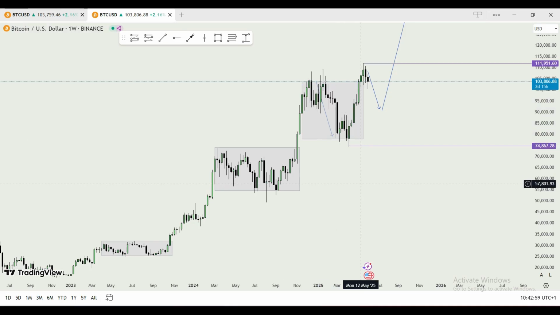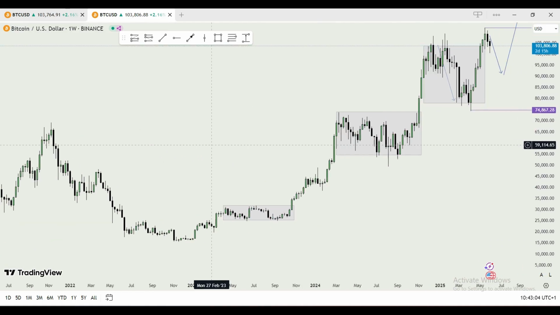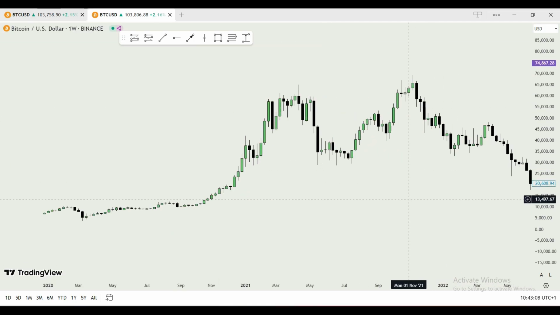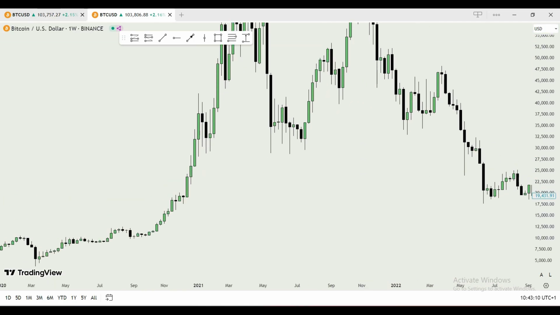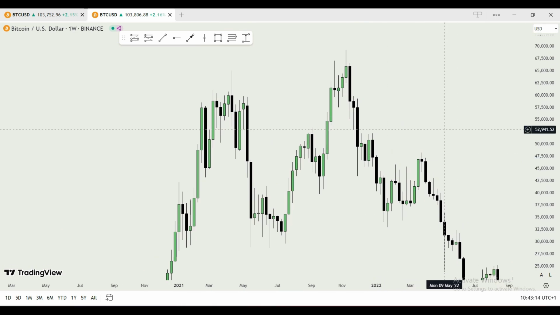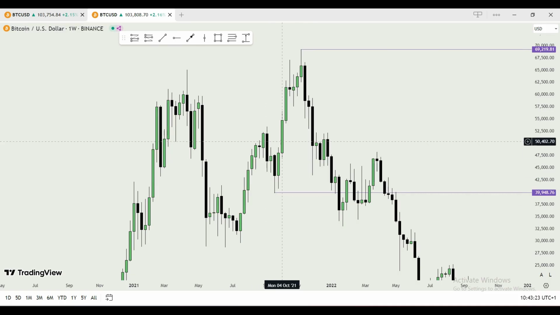Alright, now let me give you a bearish example of what I just showed you. I use this one. So this was the high, the last major high, and this was the low, the last major low.